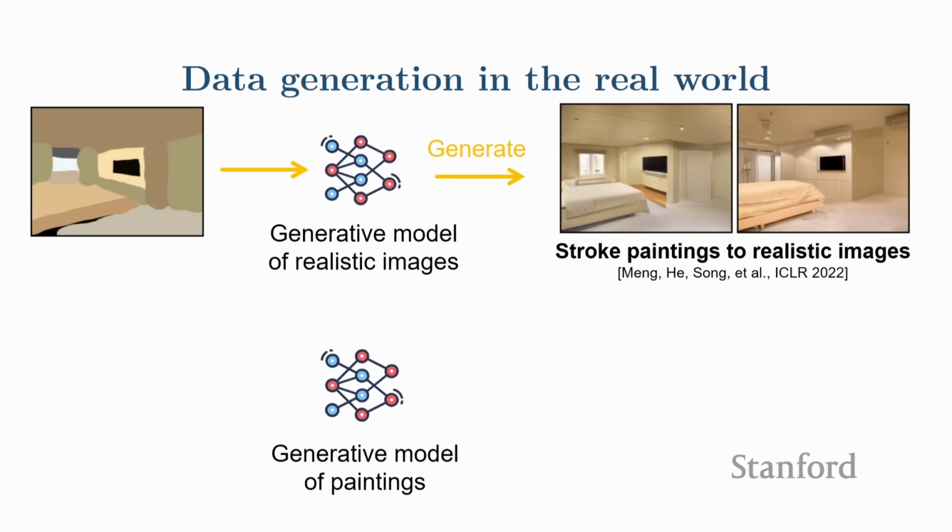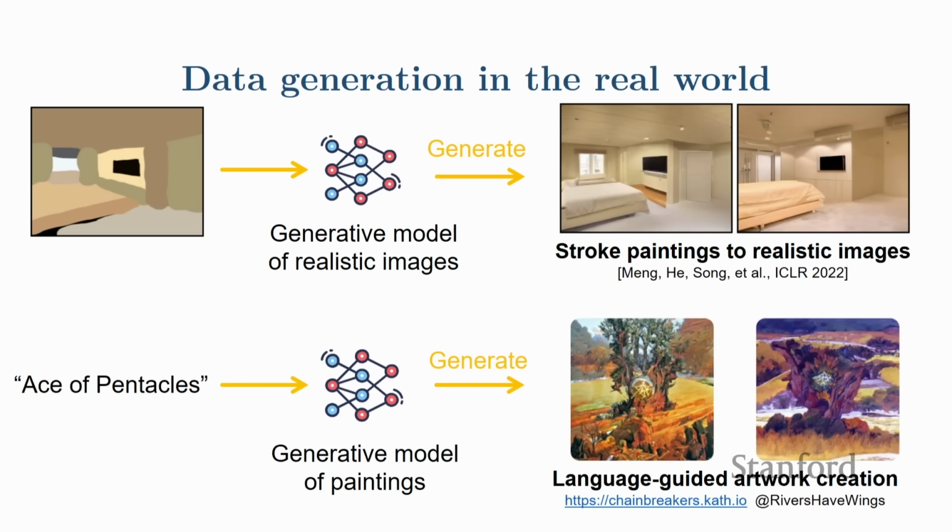Or you can do text-to-image kind of things, where if you have a generative model that has been trained on paintings, then you can control it through captions, and you can ask the model to generate a new painting that corresponds to the description provided by the user.